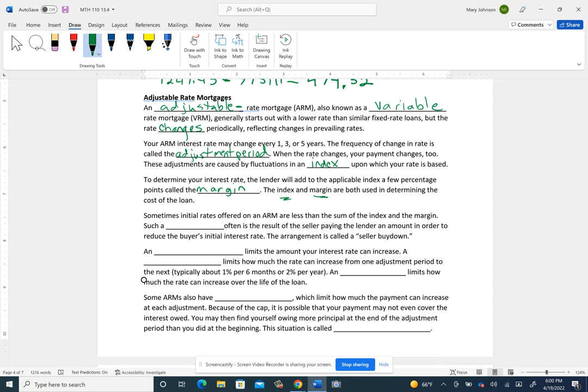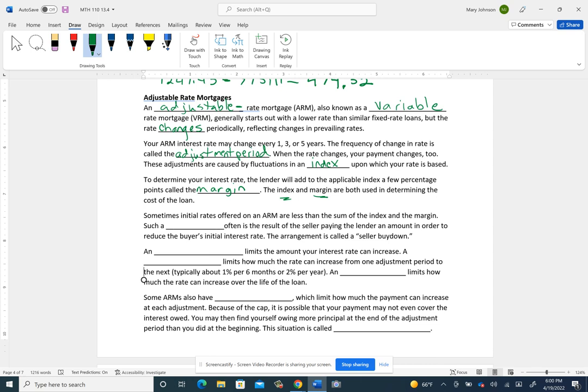And what they do to get the margin depends probably on your credit score. It might be maybe a home builder is trying to encourage people to buy these houses, so they might have a very low margin. So there's various factors used to figure out what your interest rate is. They take the base index rate and then they add to it some percentage points.